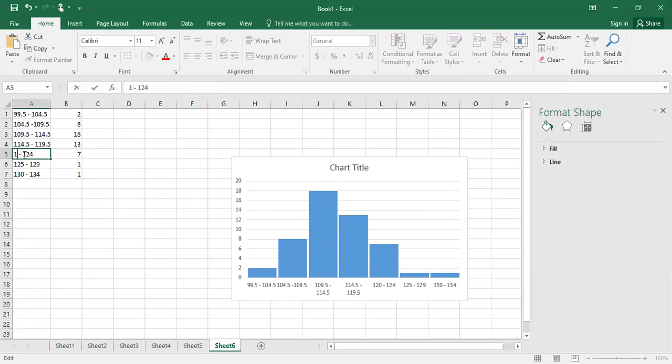Here we have 119.5 to 124.5. What I'm trying to explain here is that you can use either the class limit or the class boundaries to make your histogram. Essentially, enter the classes on column A and the frequencies on column B.